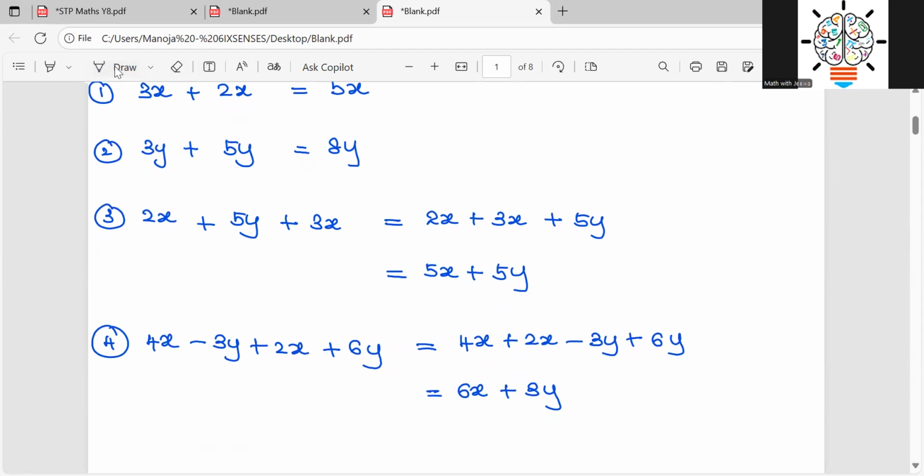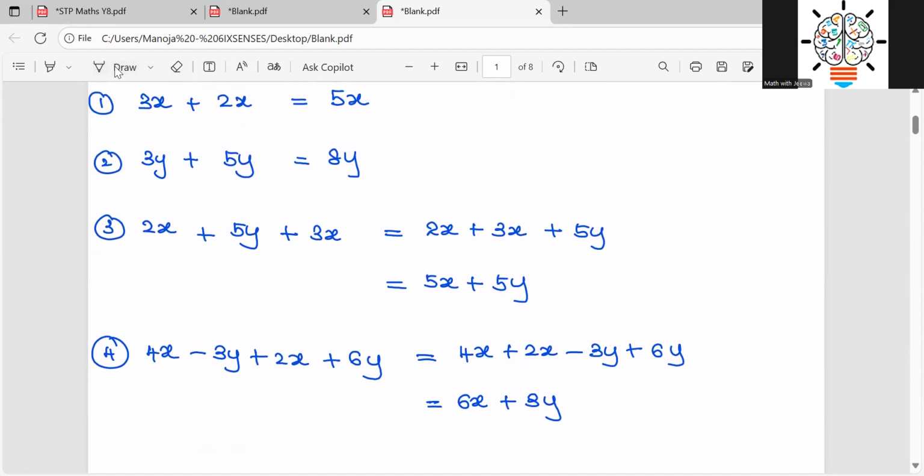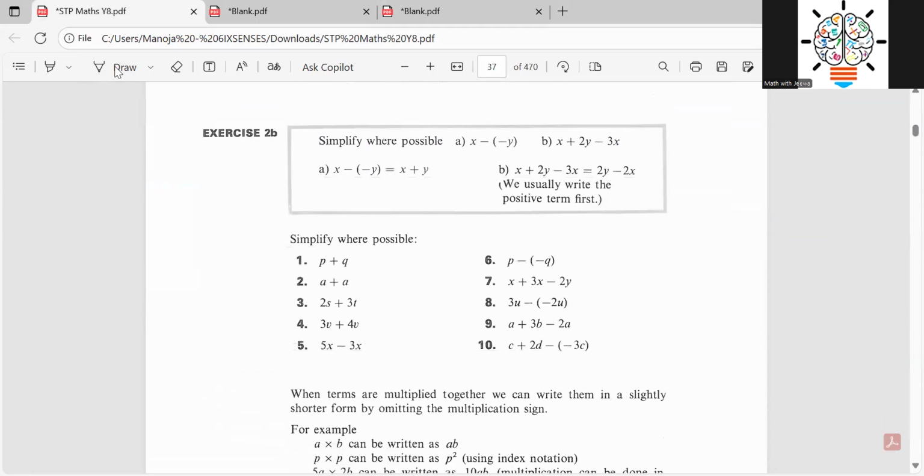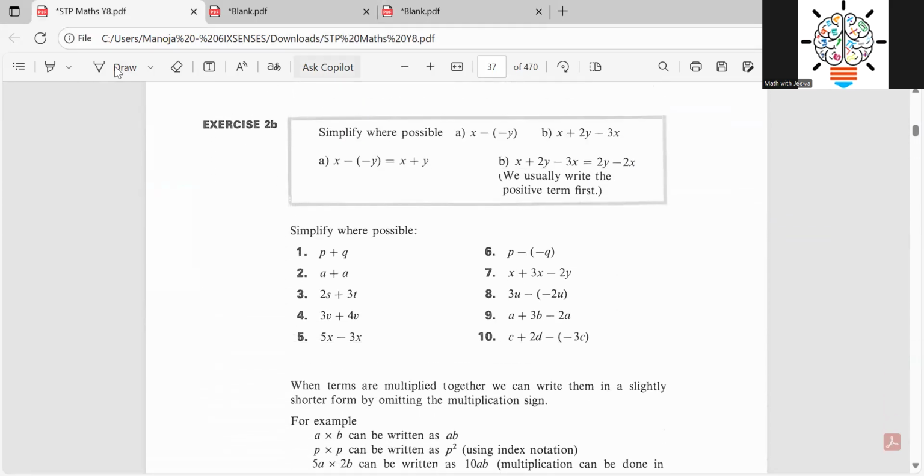So we'll quickly double check whether we did it correctly. 5x plus 5y, 6x plus 3y. Yeah. So these are the ways we can handle like terms and unlike terms.